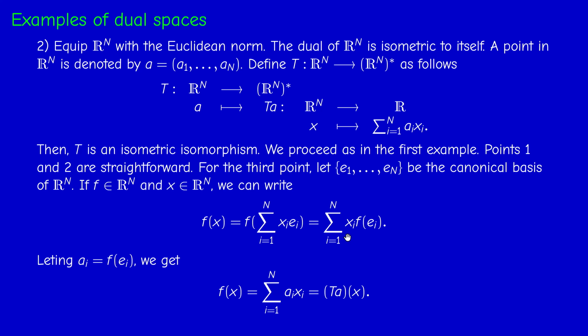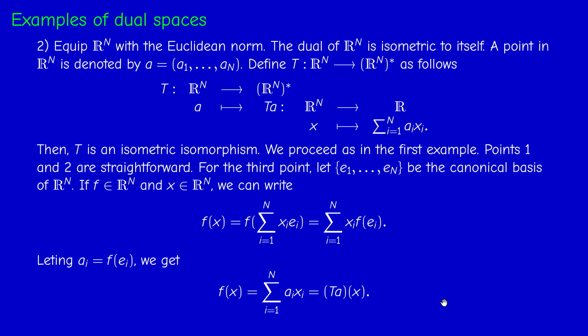So this is just the sum of x_i f(e_i). And so if I let a_i be f(e_i), then f(X) would just be the dot product between A and X, which is just T_A of X. So since X was arbitrary, this means that f equals T_A. So this is just the surjectivity of T. So T is surjective.